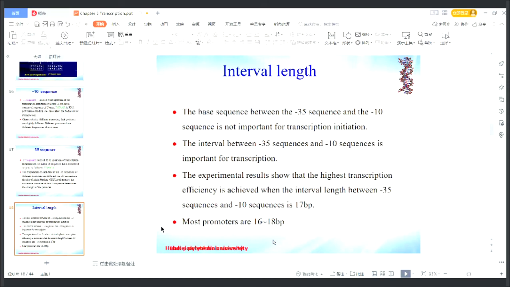When the length is equal to 17 base pairs, the transcription reaches the highest transcription efficiency. Most probably, this interval length is about 16 to 18. When it is 17, the efficiency is the highest.